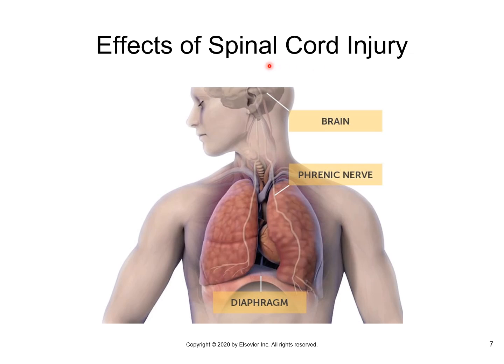In here, it's originating from the brain and the spinal cord, and then running down here to innervate the diaphragm. And again, as I mentioned earlier, the diaphragm is very important for respiration. So you can imagine how much damage it will cause to a person if that phrenic nerve is affected.